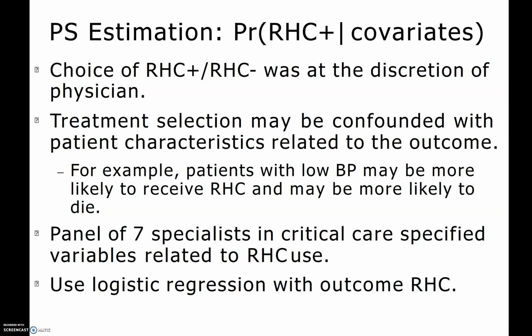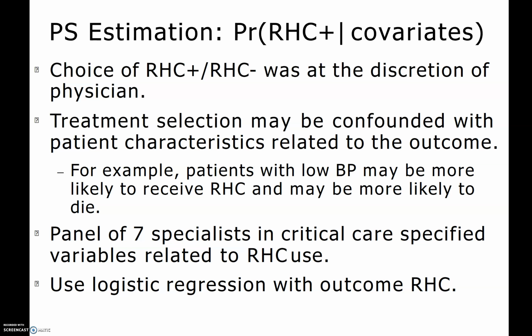For example, patients with a low blood pressure may be more likely to receive the RHC because maybe the doctor perceives they're less likely to have problems. A panel of 7 specialists in critical care specified the variables related to RHC use. That's really nice. I never get any panel helping me decide. So that's awesome. Then they use logistic regression for the propensity score estimation phase.